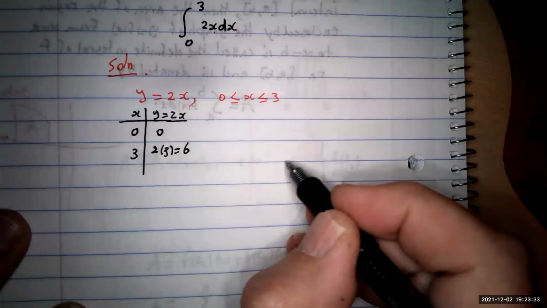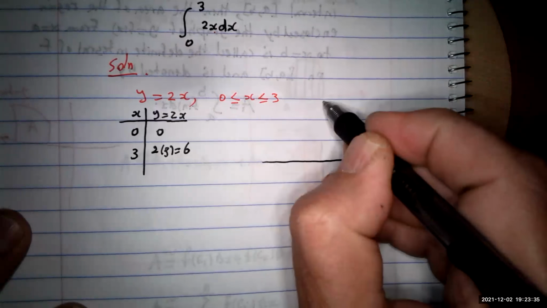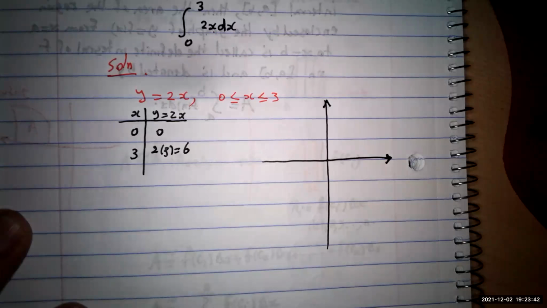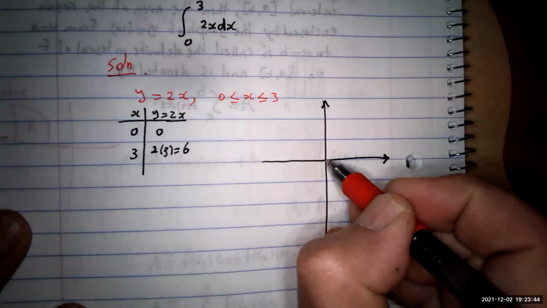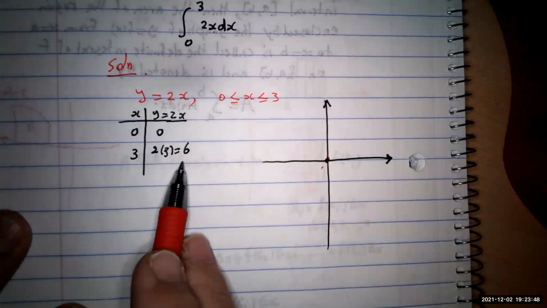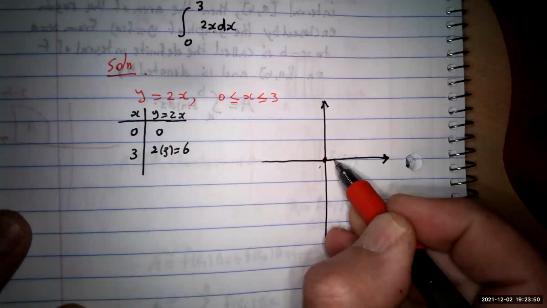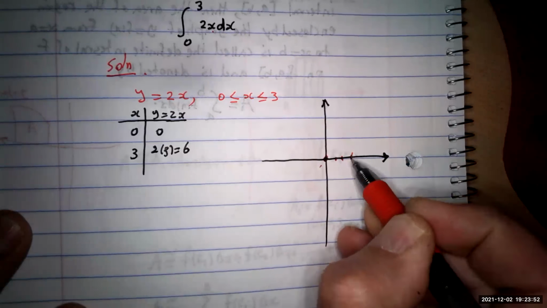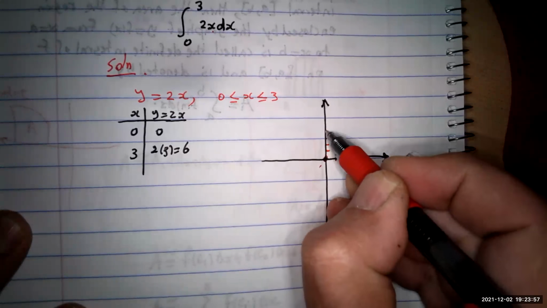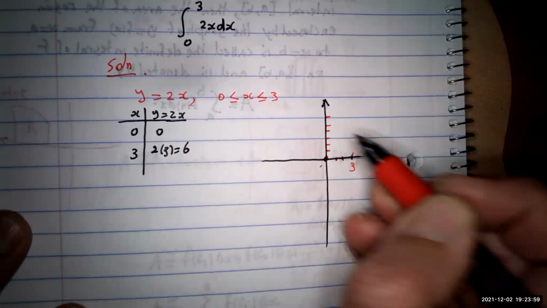So let's see what type of region we are going to have. In this case, the point (0, 0) is going to be the origin, then (3, 6). So 1, 2, 3, and 1, 2, 3, 4, 5, 6.